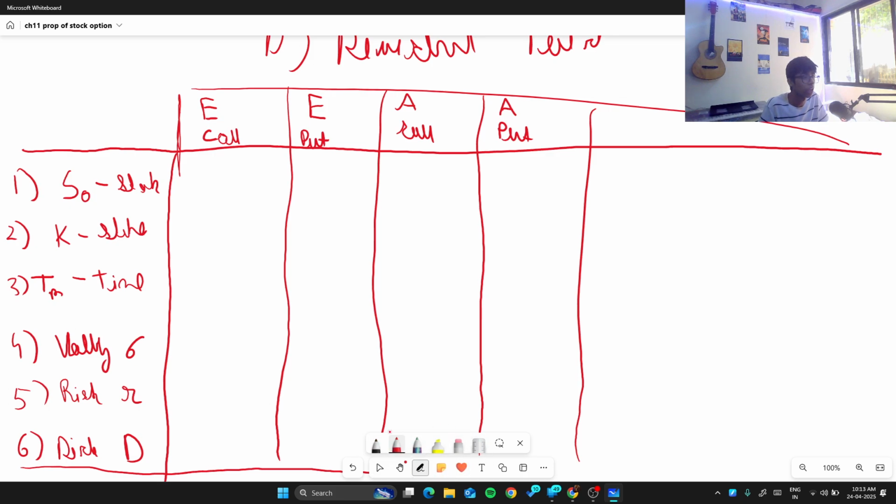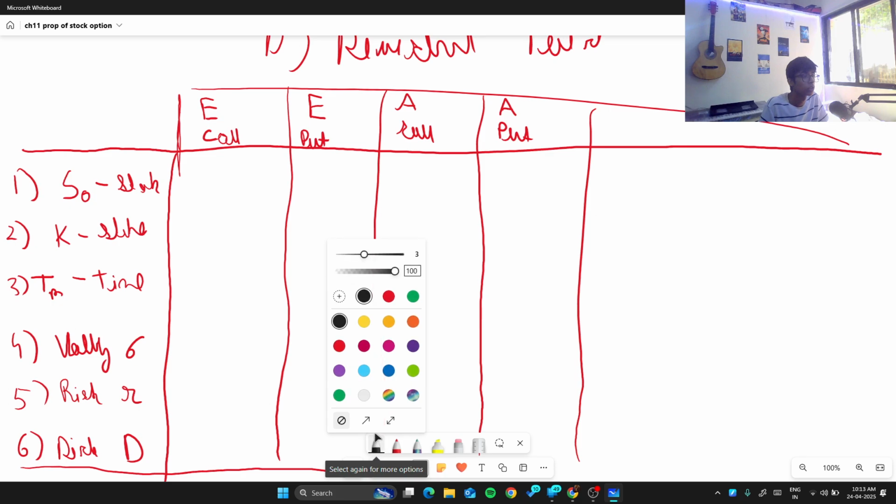Let me pick a catchy color. Green means increase and red means decrease, right? Let's say if the stock price increases, the value of the call will also increase because the payoff would be more, right? The European call increases, and the American call will also increase. And if the stock price increases, then the put price will go down because we will face a loss, right? One parameter is fixed.